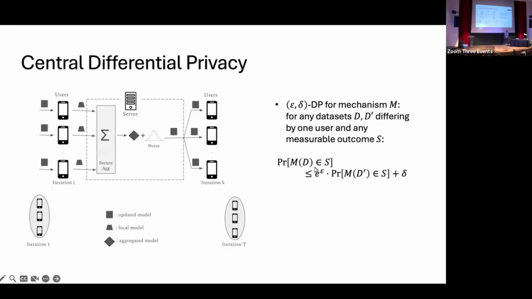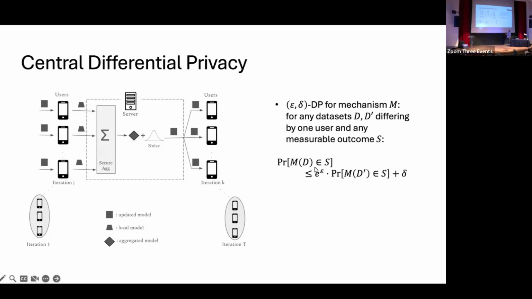In this setting, more or less, the users just send their model updates in the clear to the server. Maybe they use a secure aggregation protocol, but even from the secure aggregation protocol, it's very easy for the server to go back to the original user data.